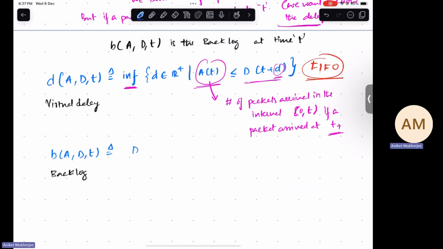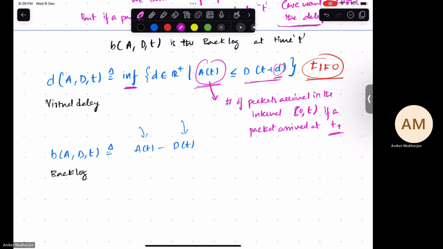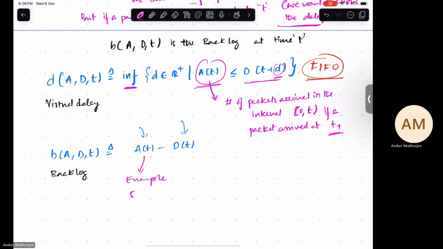So backlog is very simple. It's D(t) minus... so at time t, how many packets have arrived and how many packets have departed. Just for example, 5 packets arrived till time t, right?